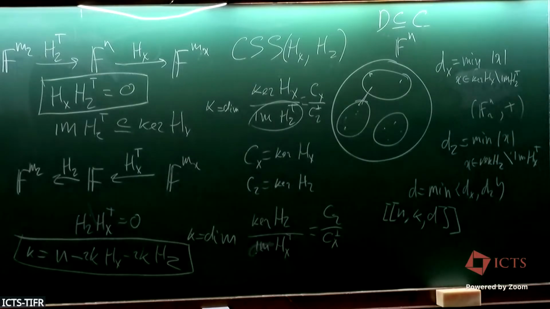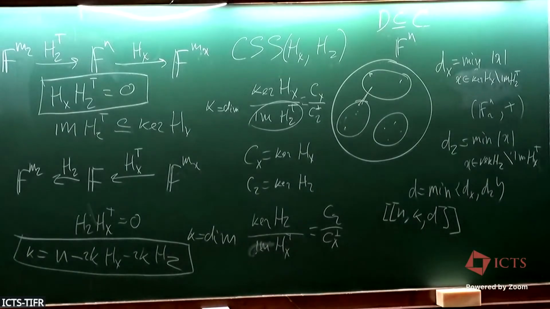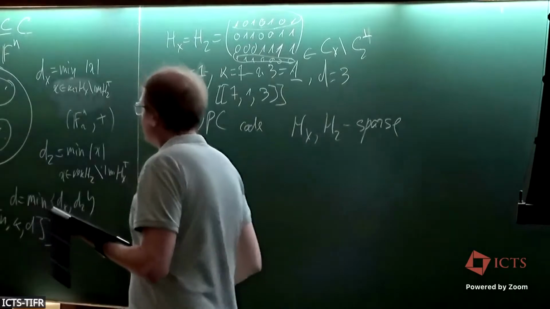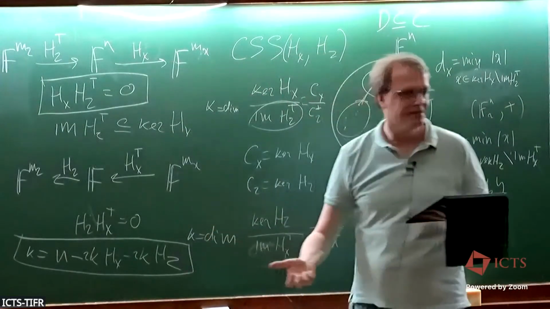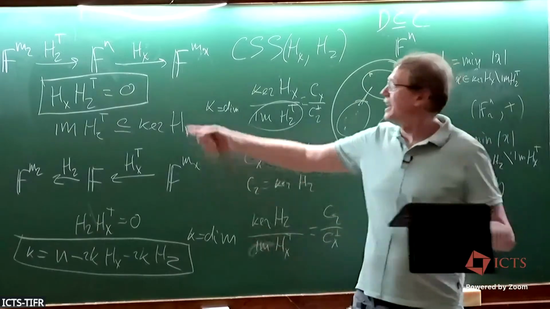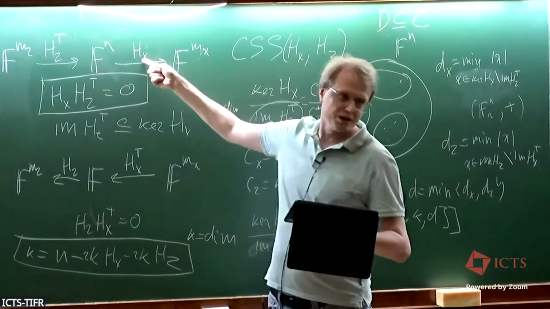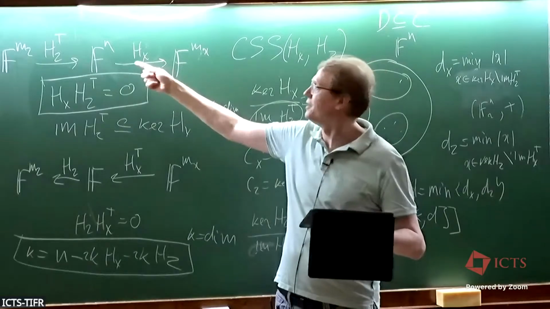And it's not very hard to check this. But the problem with quantum LDPC codes is that this kind of random idea doesn't work at all. And what is the problem here? Okay, let us choose this matrix randomly. Then we have a good code, yes, with high probability.